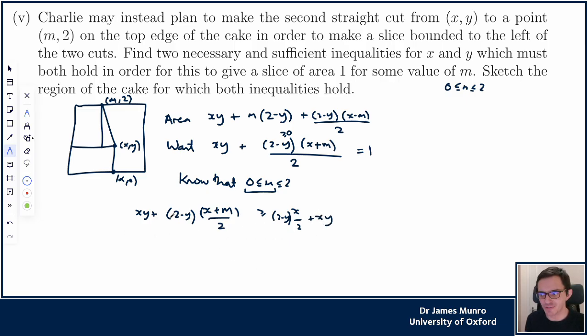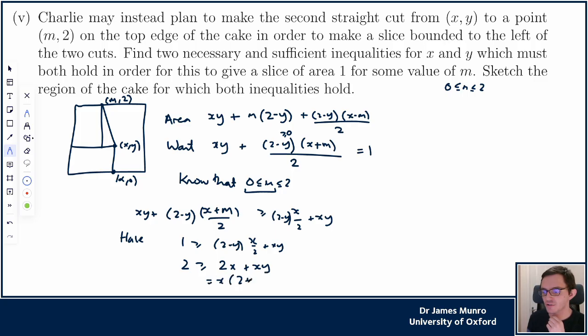And that's a good sequence of things to do, because I know that this thing on the left is 1. So we have 1 is bigger than or equal to (2 minus y) times x over 2, plus xy, which if I multiply it up by 2 gives me 2 is bigger than or equal to 2x minus xy plus 2xy. This is xy, that's x times (2 plus y), which is, I think, just what we had before in part 3, where we found an inequality that looks like this, but now it's the other way around.